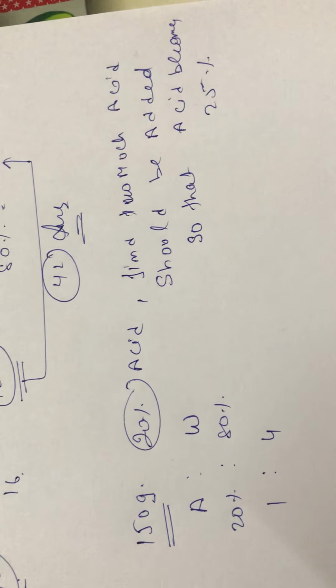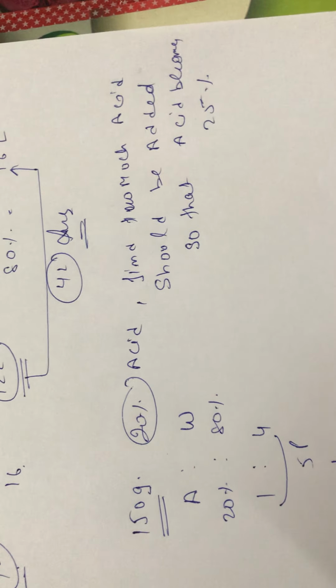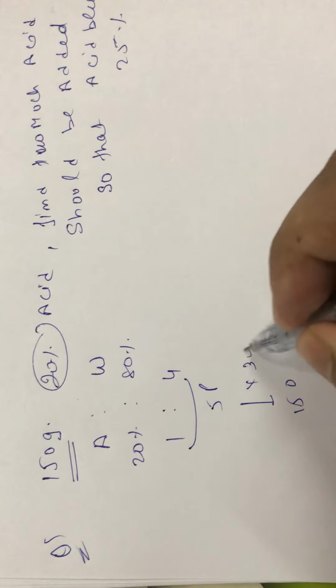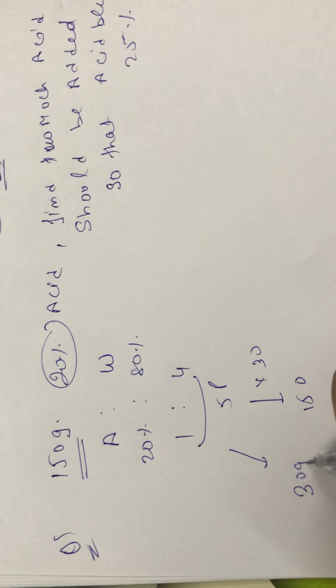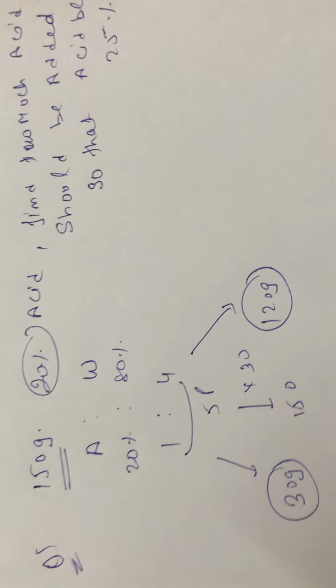Now I am adding acid. So this is 1:4. If 5 parts value is 150 gram, and I want to make 5 as 150, what do I need to do? Multiply here by 30. So this is 30 gram of acid and 120 gram of water.